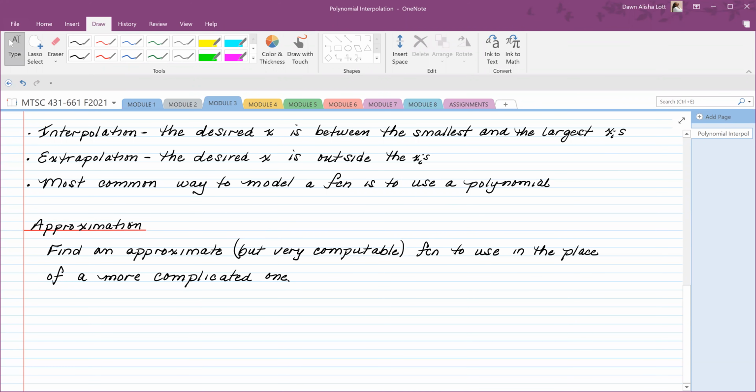All righty. So the first thing we want to do is polynomial interpolation.